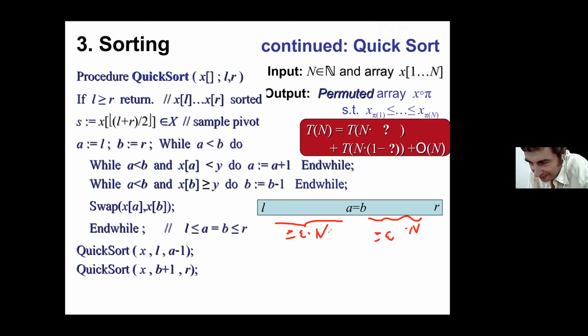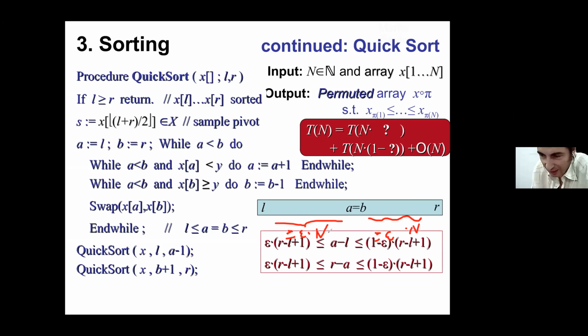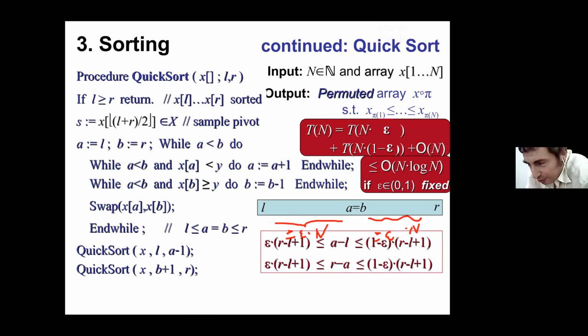So they are proportional to the size of the array. This is what is written here. So this means that then we can replace n minus 2 by n times epsilon and n times 1 minus epsilon, for some constant epsilon which is between 0 and 1. And then I claimed that from here you can prove that you get the good complexity of O of n log n.